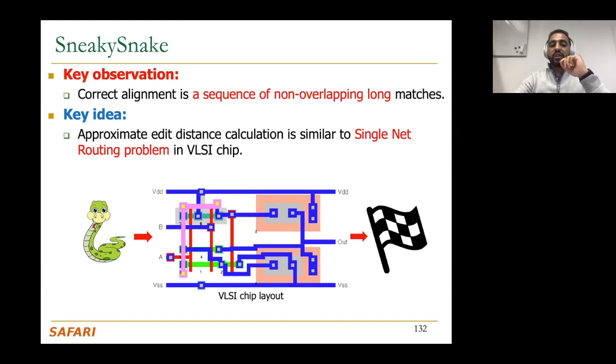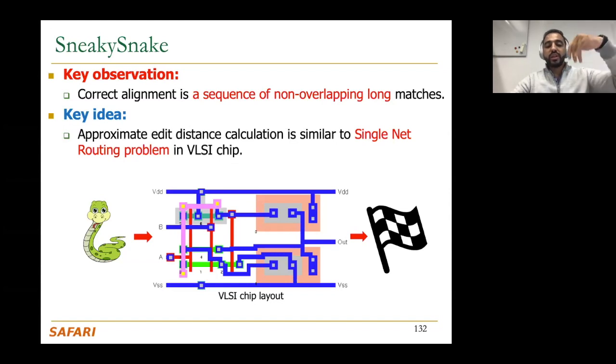So this is what we call the single net routing problem, where we want to connect something at this side to another thing at that side. We may also want to connect some of the modules inside. But remember, the more you collide with these modules, the less efficient the signal routing is. So basically, you want to avoid these modules on the chip as much as possible.